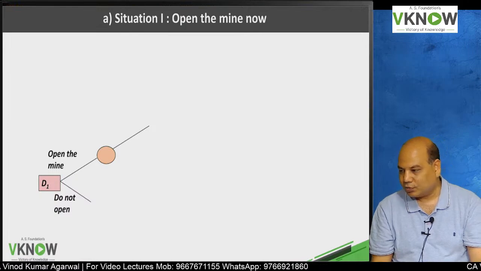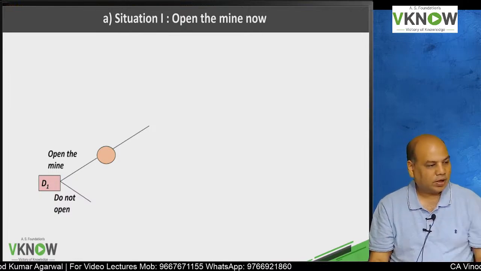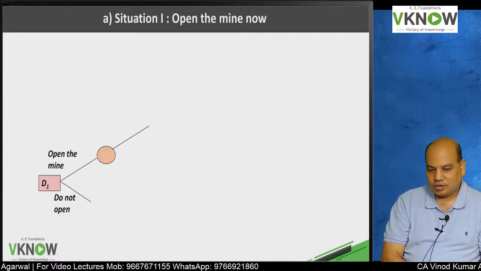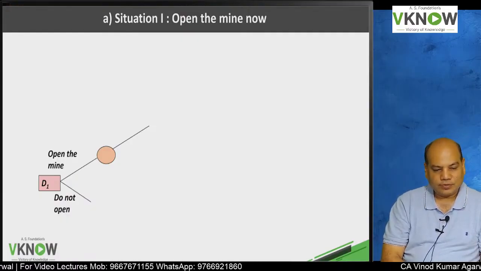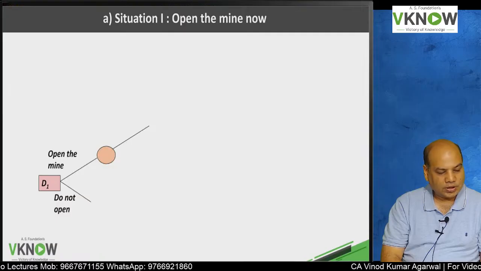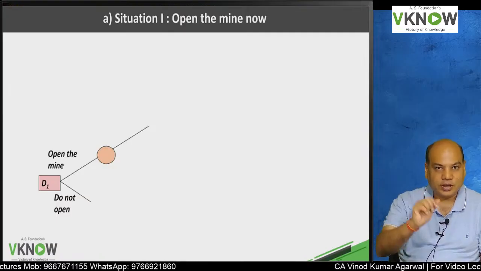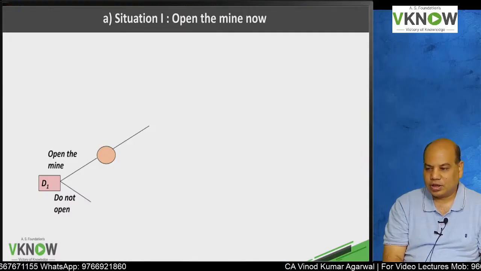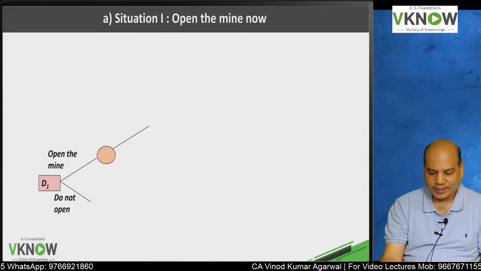So how would the flowchart look? First I am going to draw a diagram for you. A diagram is not mandatory because they have not asked for a diagram, but without a diagram it is difficult to visualize the entire problem. So D1, write down open the mine, do not open the mine.